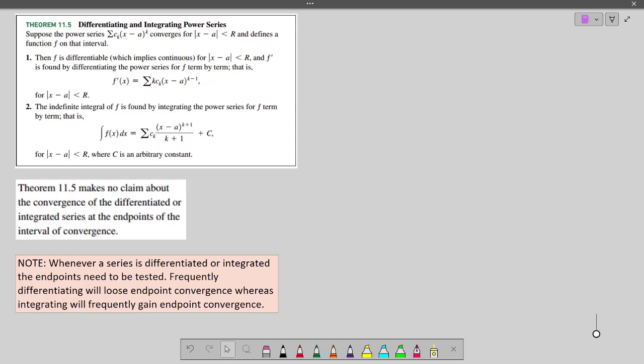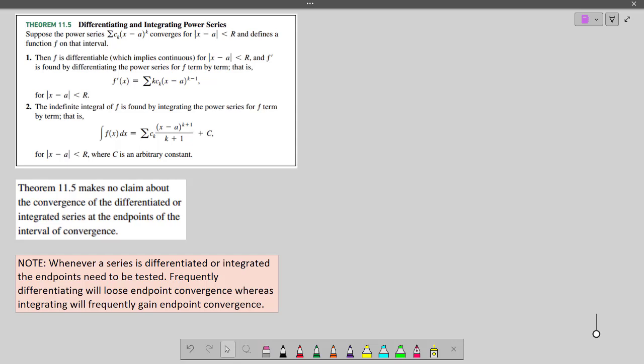If you differentiate a power series, you get a new power series. So this is just codifying that if you want to take the derivative of this power series, you'll get a new power series: bring down the k, subtract 1 from the exponent. The interval of convergence will still have the same radius, still less than r.